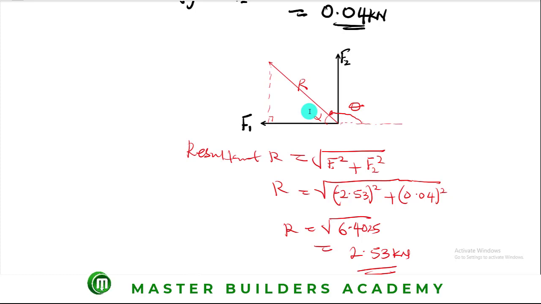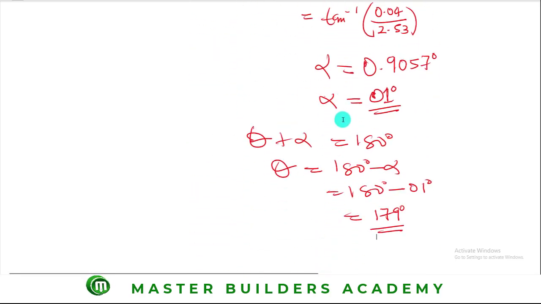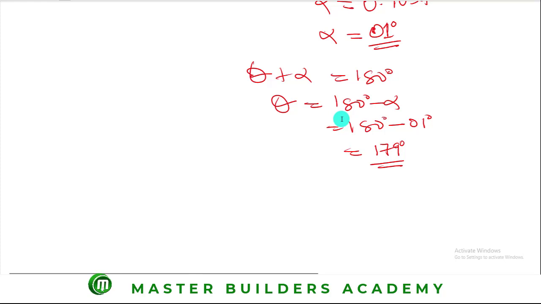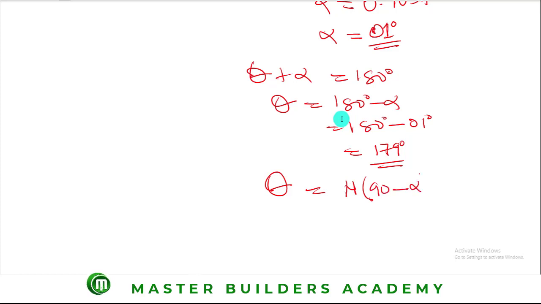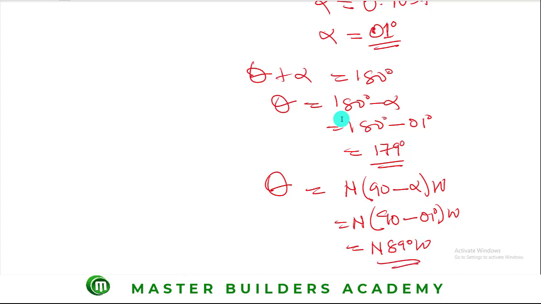So when we remove alpha from 90, we'll be able to get the angle the resultant made with the y-axis. This is clear, right? So we have this theta in quadrantal bearing is equal to N (90 minus alpha) W, and then we have N (90 minus 1 degree) W, and then this will give us 89 degrees west. This is the angle we have.